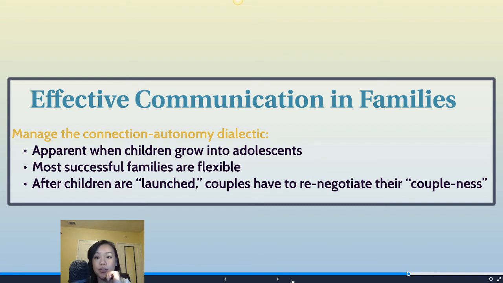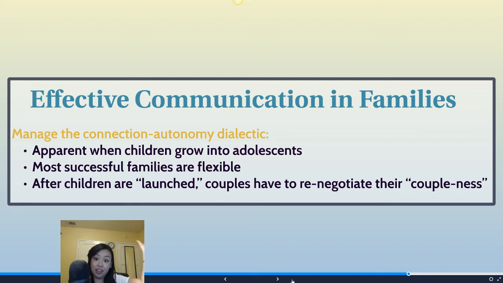We typically see this in families when children become adolescents, right? And we've all gone through that process where when we're teenagers, we want much more of that independence. We kind of pull away from our families a little bit more. And so there is this dialectical tension that occurs because of that. We also see that after children leave the nest.